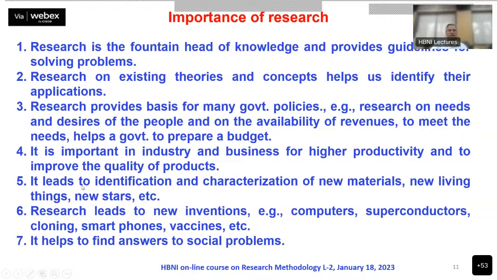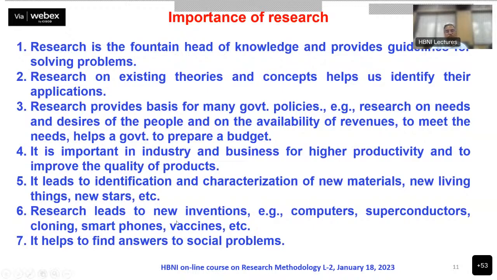It leads to identification and characterization of new materials, new living things, new stars, etc. Even now you will see discoveries of neutron stars, supernovae, and black holes. So many discoveries are taking place through research.